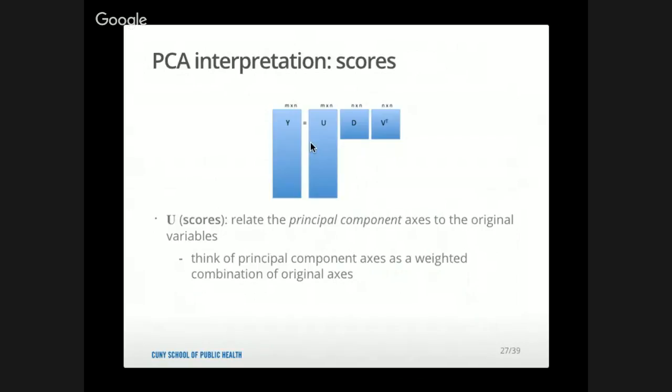Literally, what it works out to be is, without doing too much matrix algebra, if we multiply the left side of both of these equations by U transpose, because U is orthogonal, U transpose U is an identity matrix.